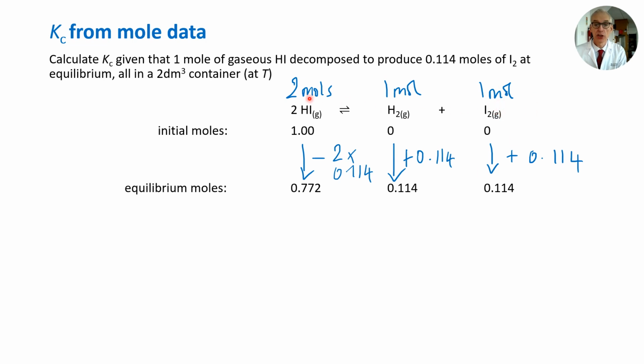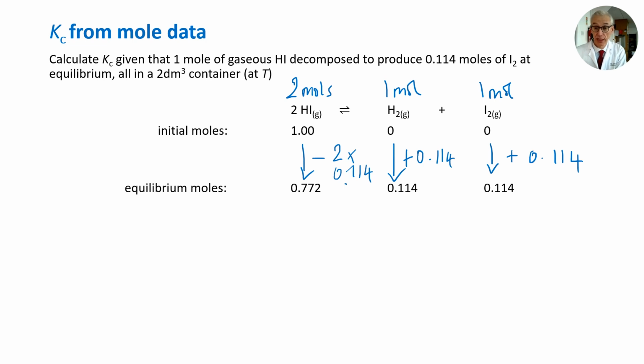It's a 1-to-2 ratio. 1 mole of iodine has come about by the decomposition of 2 moles of hydrogen iodide. So if we're making 0.114 moles of iodine, the amount of hydrogen iodide must have gone down by 2 times that value.